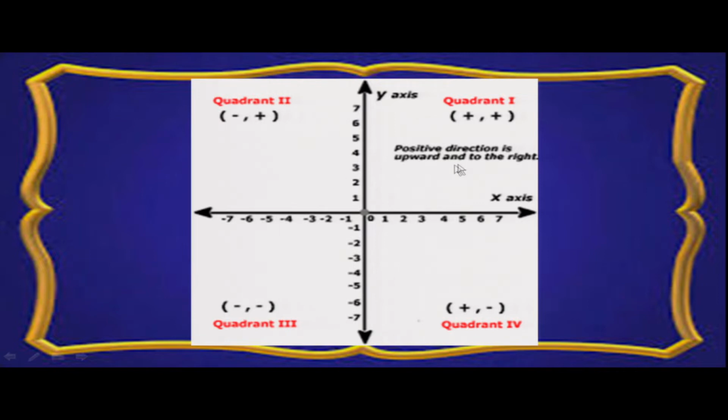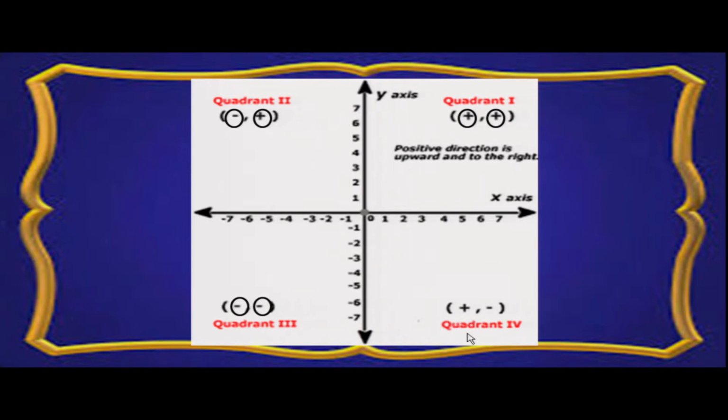Now we have four quadrants. In quadrant 1, the x coordinate is positive and the y coordinate is positive. In the second quadrant, x is negative and y is positive. In the third quadrant, x is negative and y is also negative.